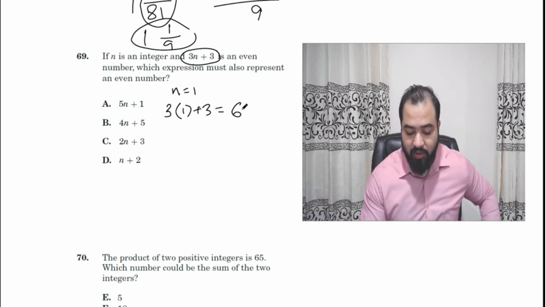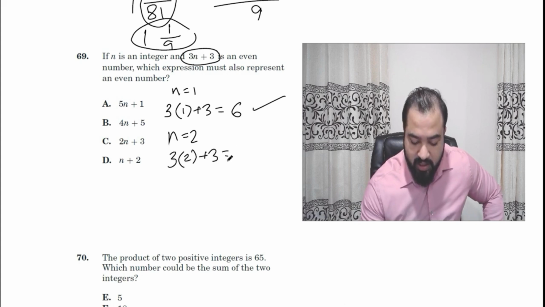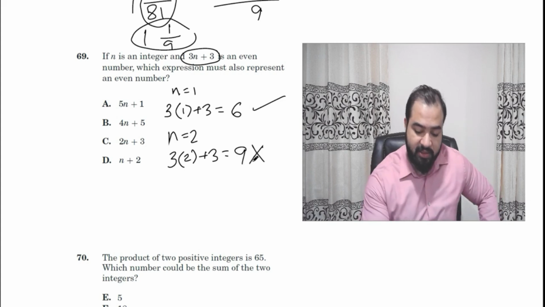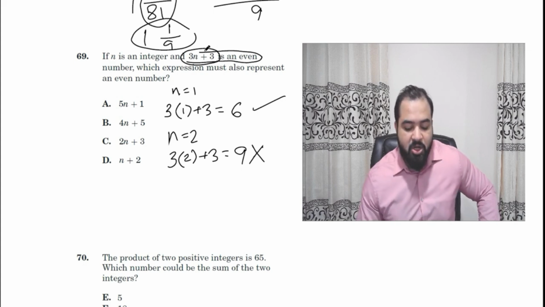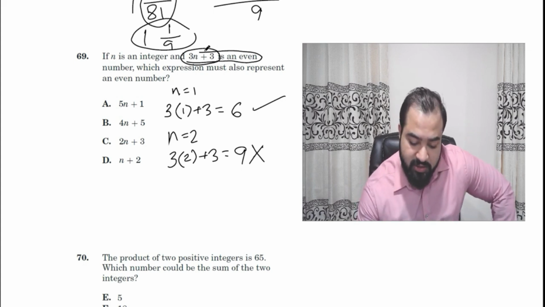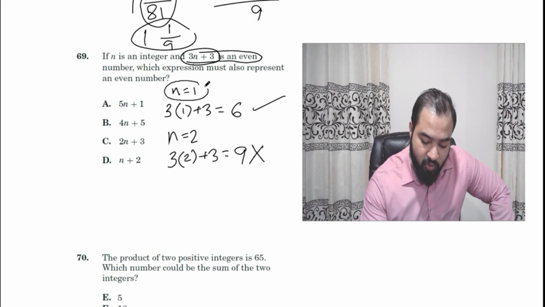All right, that works. But if I say n is 2, that's 3 times 2 plus 3, which is equal to 9. But this is not even, because it says 3n plus 3 is an even number. Now the question asks which expression must also represent an even number. So we can say that n is equal to 1 works.